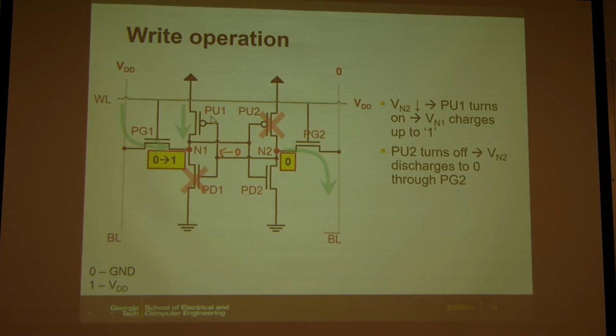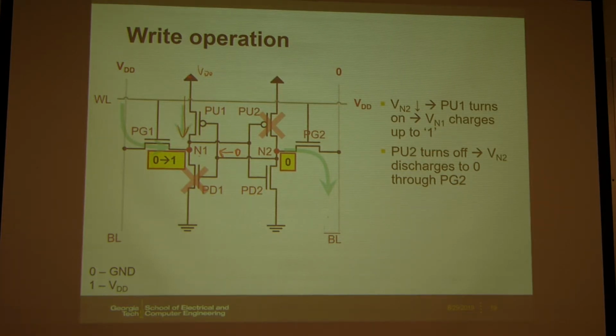And the PU1, a PMOS, will be on. So if PU1 is on, that means you will have additional current from the VDD to the N1 node. N1 used to be 0. And now you have additional current to charge the N1 node.